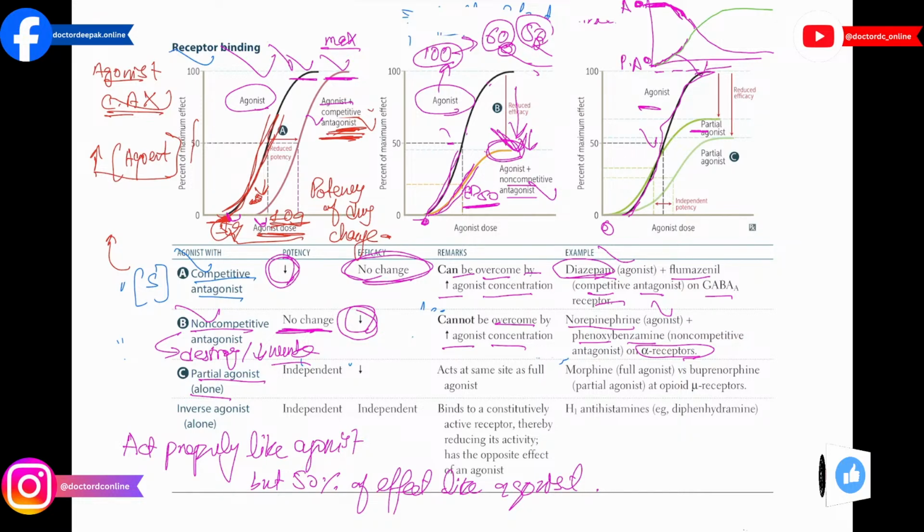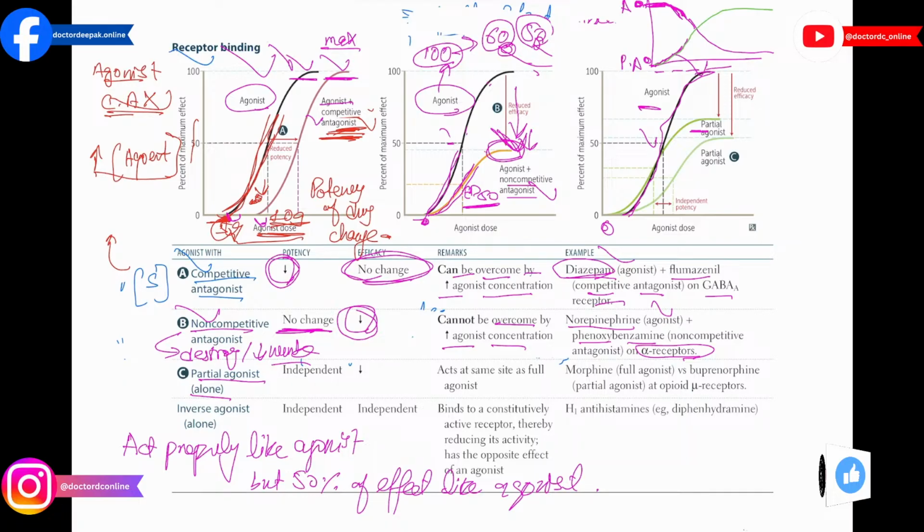The main point here is that the agonist will be completely replaced by the partial agonist, and when the partial agonist replaces all the agonist, the effect decreases.